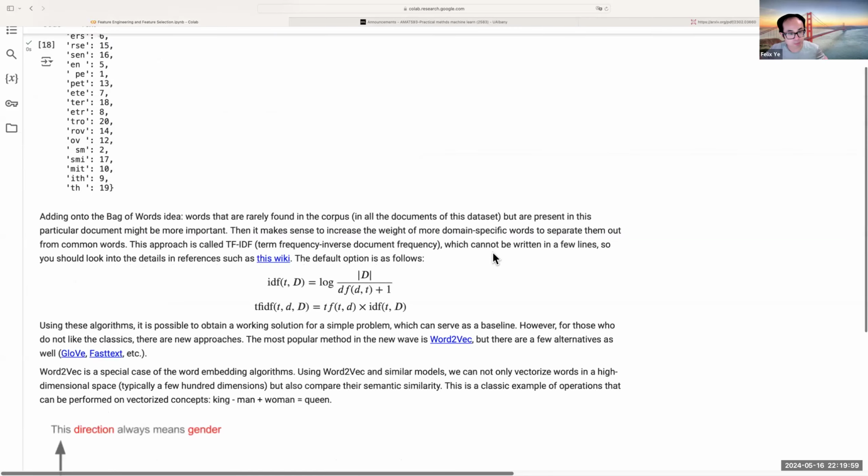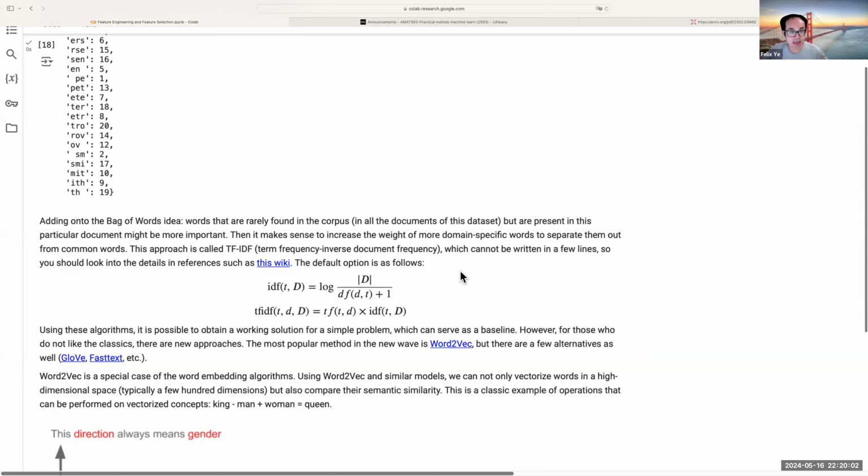All right, so this is the idea of TF-IDF. It makes sense to increase the weight of more domain-specific words to separate them out from common words, because words that show up everywhere usually don't carry a lot of meaning. But words like cows or teachers actually show up less frequently and might give you more information.